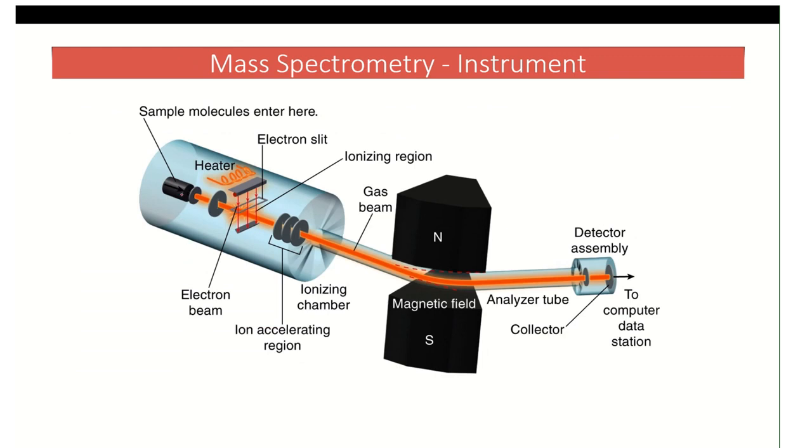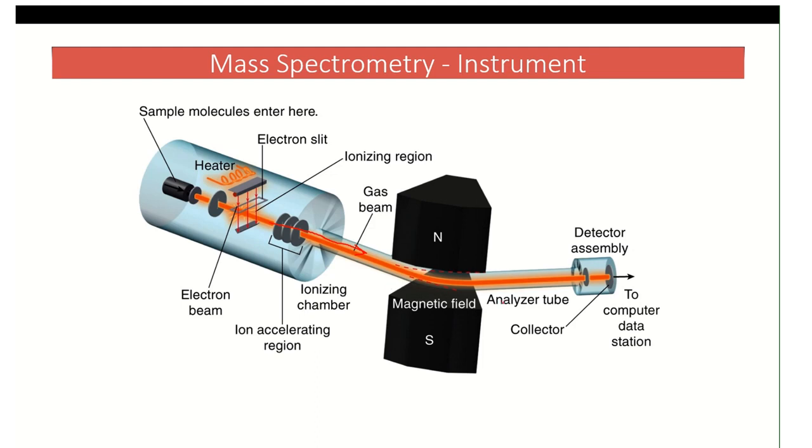So in our case we have our sample introduced into a vacuum chamber, and we provide electrons which slam into our sample, accelerated by these magnets. The fragments of the sample are accelerated down this tube and then bent by this magnetic field.